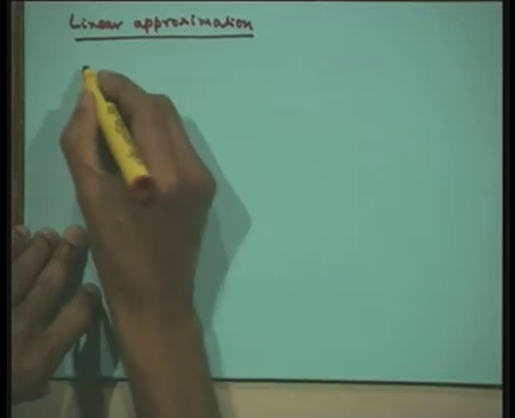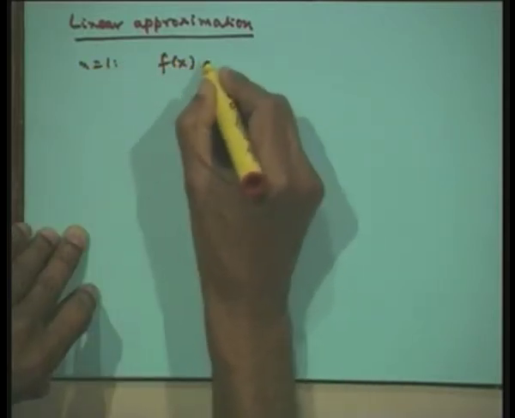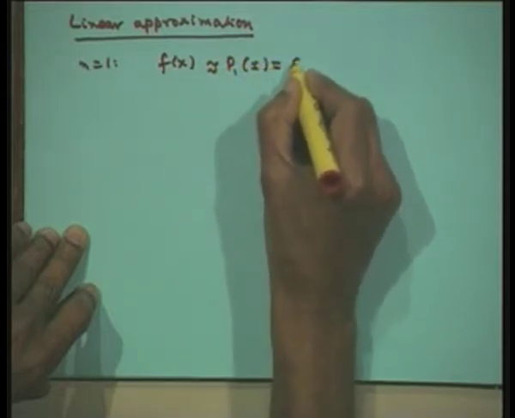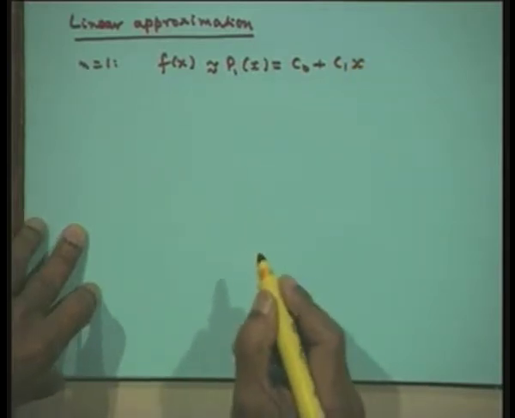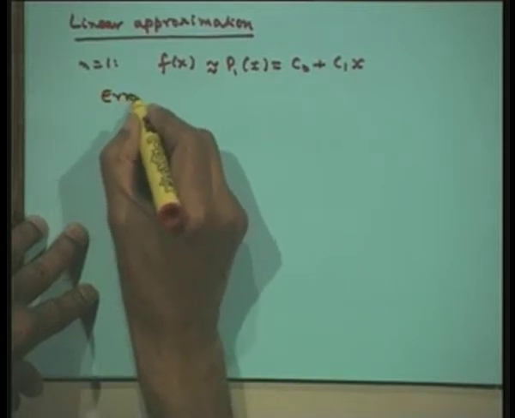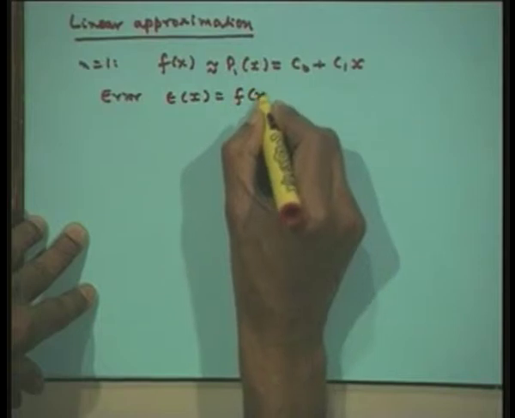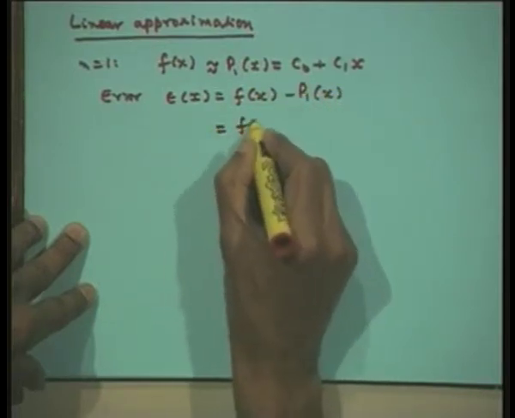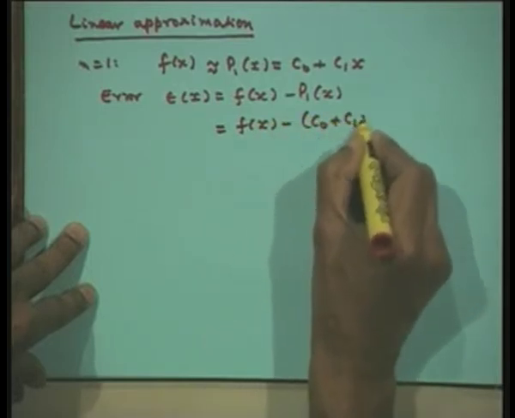Now, in this case n is equal to 1, therefore, I want to approximate f x by p 1 x is equal to C naught plus C 1 x, and the error epsilon x is f x minus p 1 x, that is equal to f x minus C naught plus C 1 x.